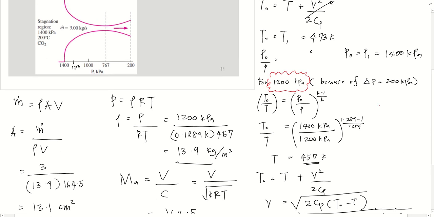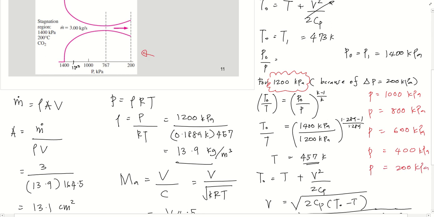You have to calculate the properties for a pressure of 1000 kilopascal, 800 kilopascal, 600 kilopascal, 400 kilopascal, and then the last pressure, which is 200 kilopascal.